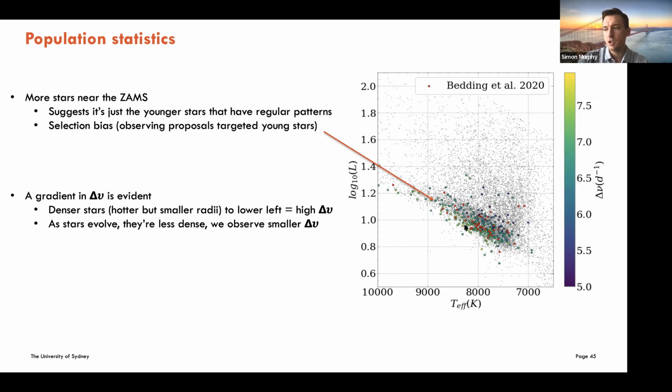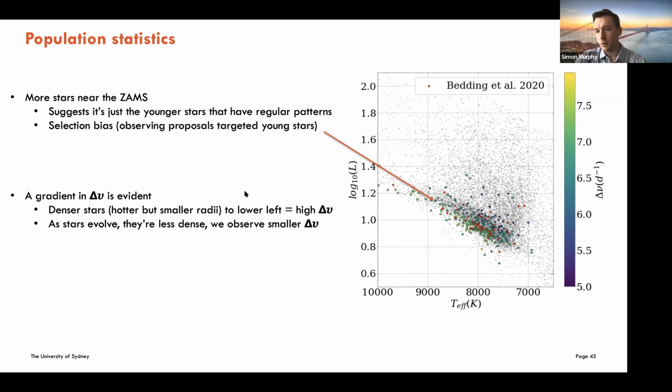You'll notice that towards the lower left of the diagram, there are many more stars that are sort of a yellowy green color. And then as you go towards older stars, which are going to have larger radii and lower densities, then the fill color becomes sort of bluer, so values closer to 5. The points in red are the 60 stars that were included in the Nature paper led by Tim Bedding.